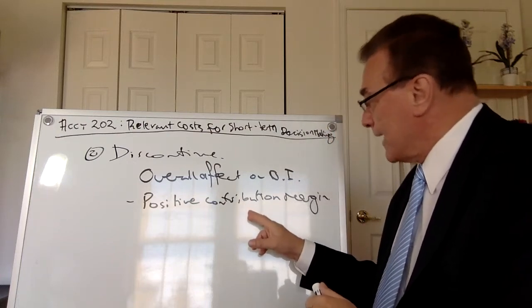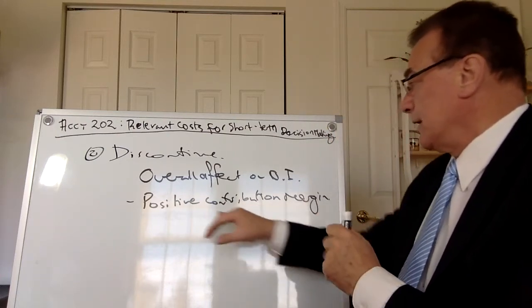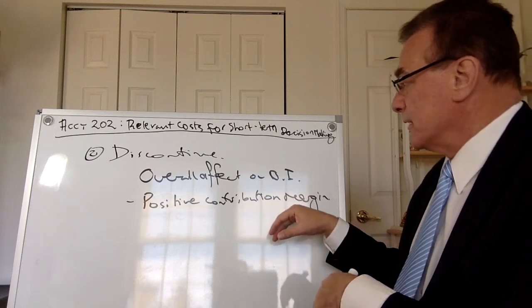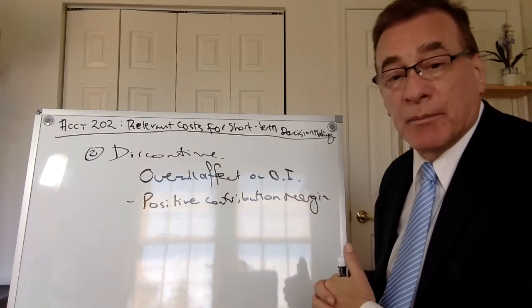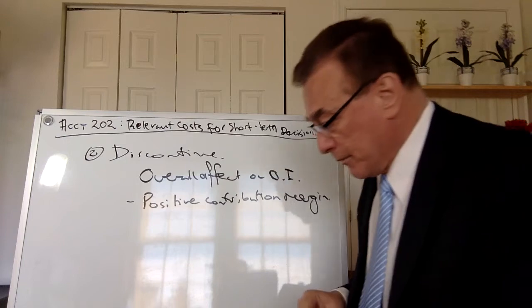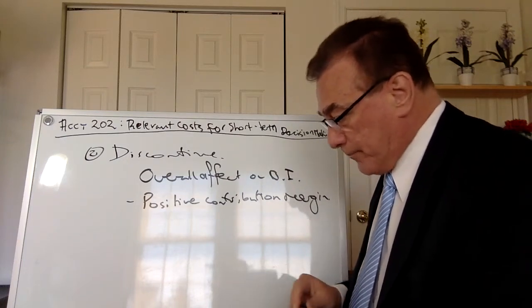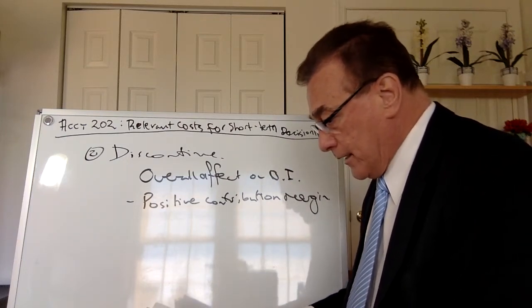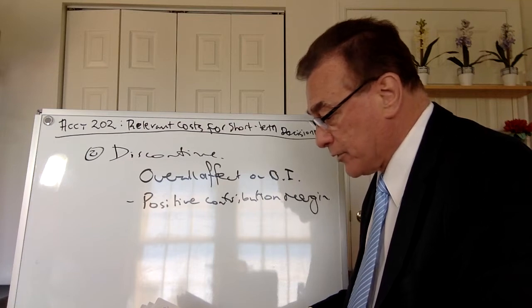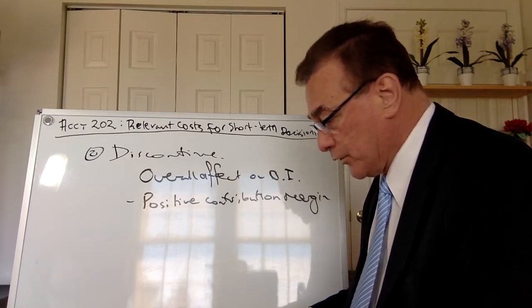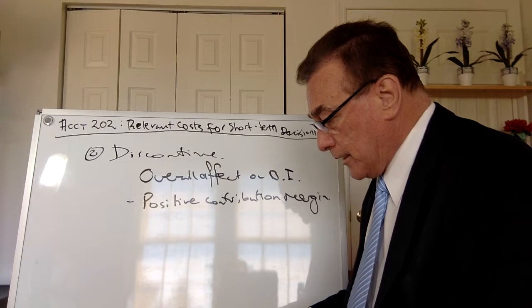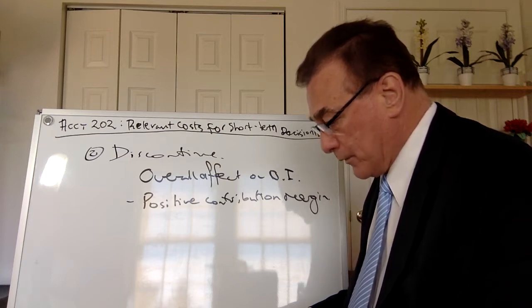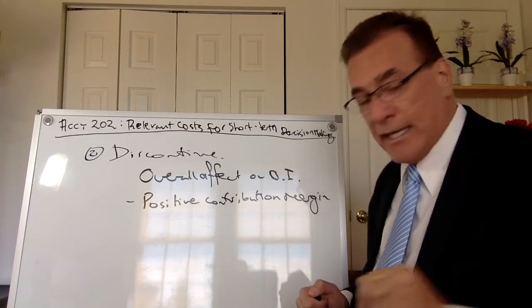And if they are contributing a positive contribution margin, then it might be best to keep them open. So if the division has a positive contribution margin, then we'll keep the division open in the short run, because if it was to close, then the operating income would probably fall. And again, I'll work through a problem with that in a separate video.